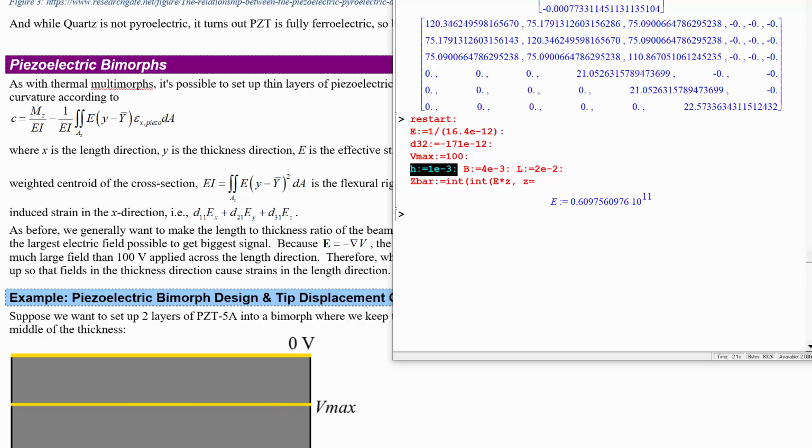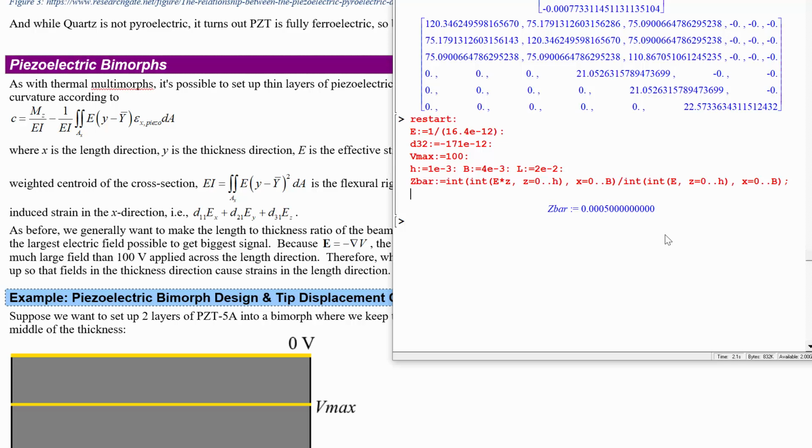Let's just go from 0 to H. Okay, so Z is 0 to H, and then we're going to take X from 0 to B. So we expect that Z bar should just be in the middle of H, which, something clearly has gone wrong here. Right, so we didn't divide by the same integrals, but of just E. Okay, there we go. So Z bar is half of a millimeter up. Not surprising.